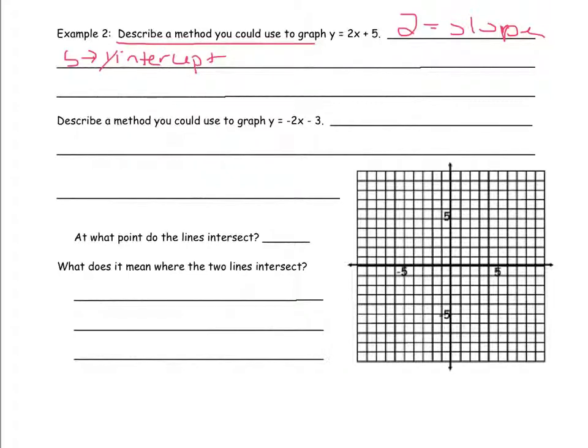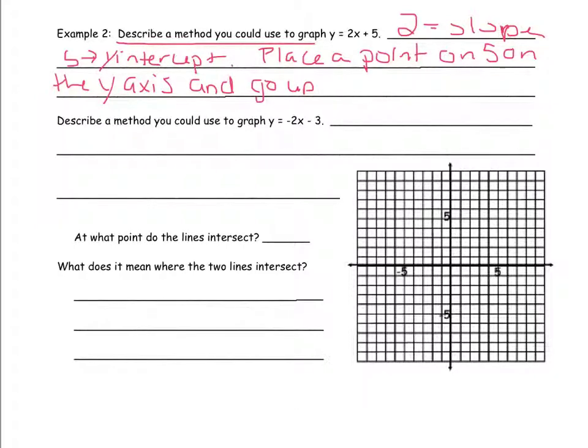So to graph it, we could place a point on 5 on the y-axis and go up 2 over 1 to get to other points.